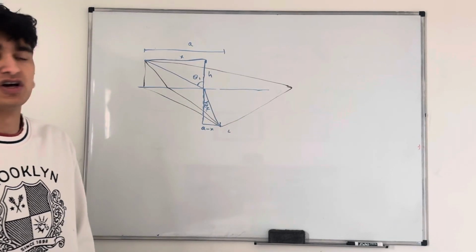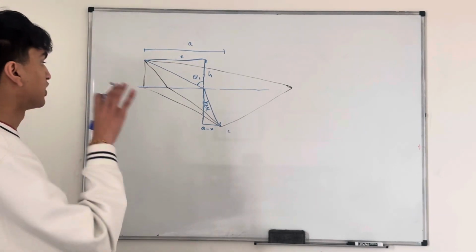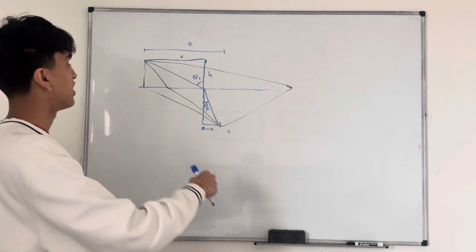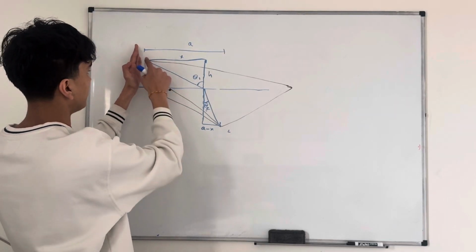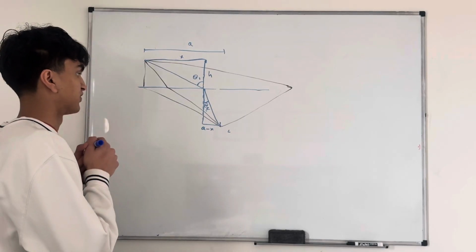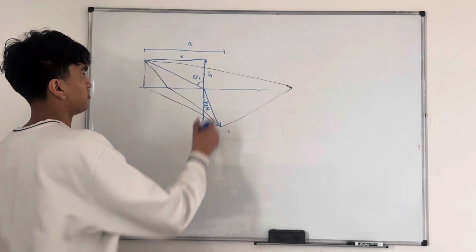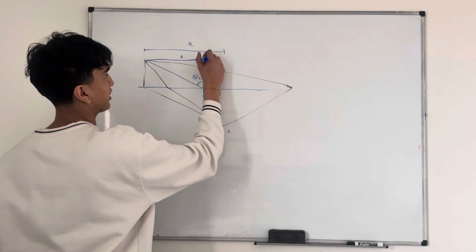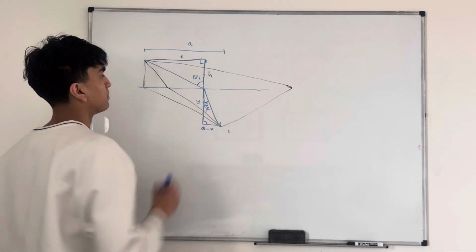Maybe you could prove that, but we don't need a rigorous proof. So a minus x would be this leg of the right triangle, and then we'll call this height y.